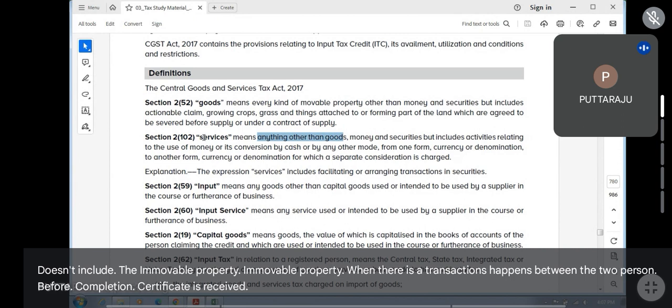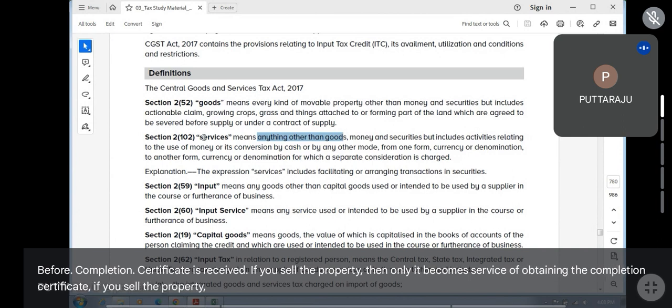If you sell the property then, only it becomes service. After obtaining the completion certificate, if you sell the property, then there is no service component involved. It becomes exempt from GST. We will learn all these things.